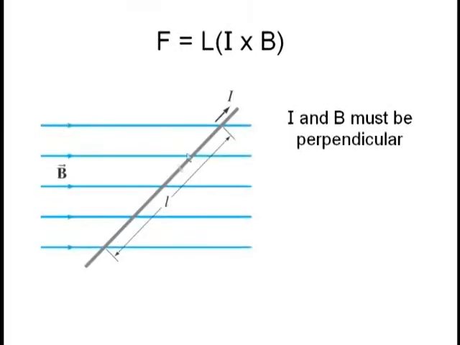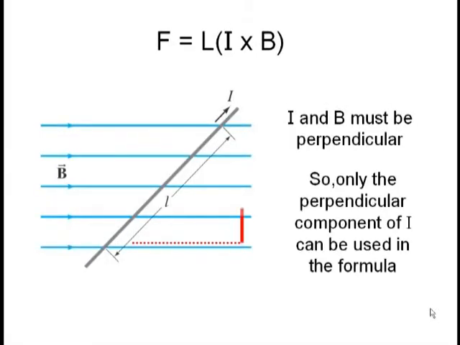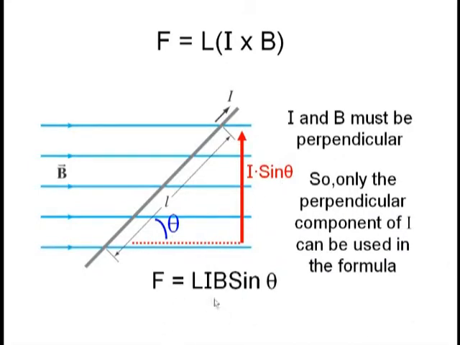If we have our wire going at an angle, that means we're going to be using a triangle and finding the perpendicular side. Remember, when we do a cross product it includes the sine, because it's when perpendicular components interact. So the complete formula would be L times I times B times the sine of the angle, and that would be the angle between the wire and the magnetic field.